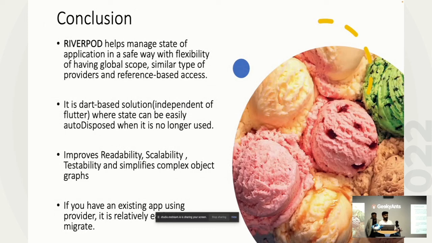As in Marvel, they say that if somebody gives you power, you need to be responsible: great power comes with great responsibility. Riverpod gives you power, but you need to be more careful how you use it and how you define the state throughout the application.